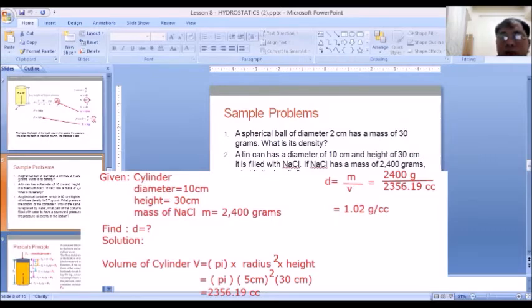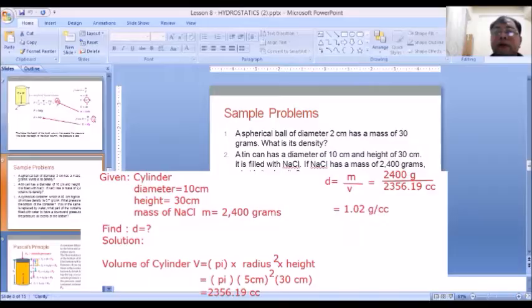That's the reason why we float more in seawater, because there's salt dissolved there. So this NaCl solution is a little higher than water in density, because water has a density of exactly 1 gram per cc. So this one is just a little higher.